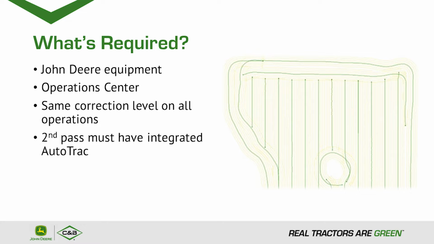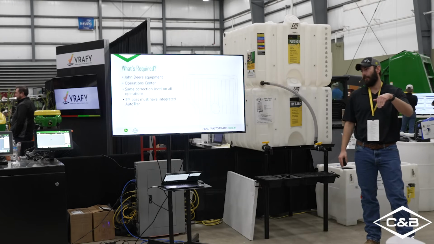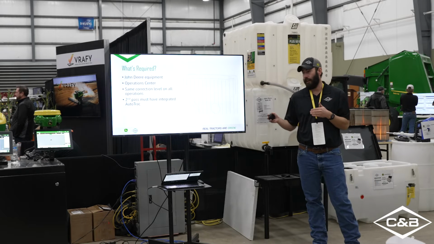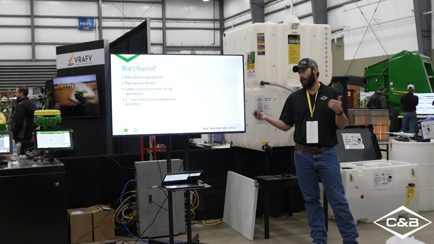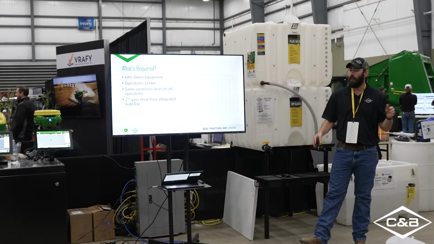And then I got here, same correction level on all operations. So if we strip till last fall with SF3, you're going to want to run SF3 in planting. Ideally, if you're going to do it in the fall and then all spring, you're going to want to run RTK. So RTK last fall, RTK this spring, basically RTK throughout the whole year.